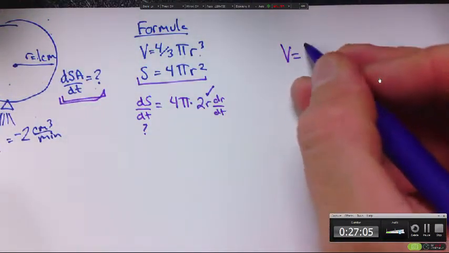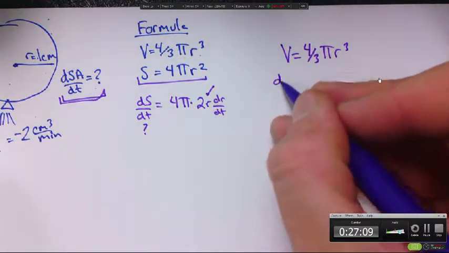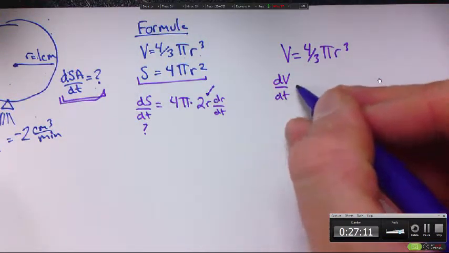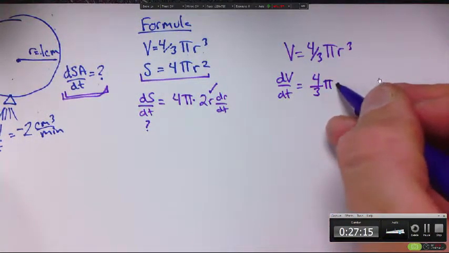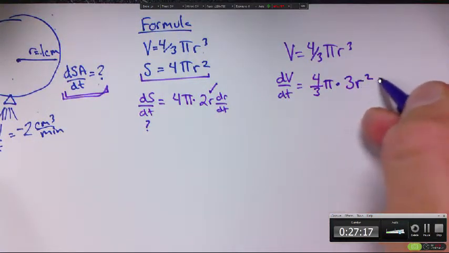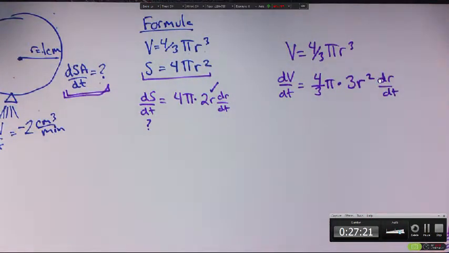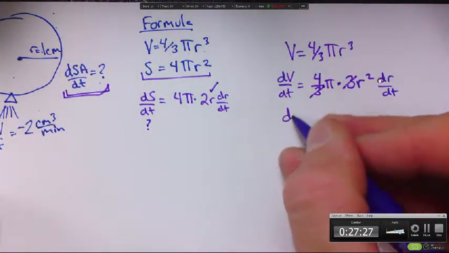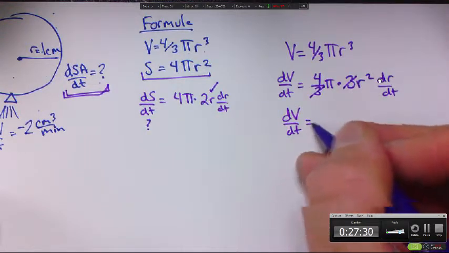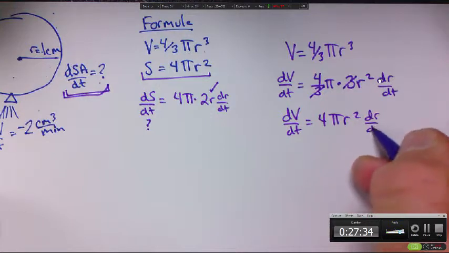So coming over here, 4/3 pi r cubed, we differentiate it on both sides. dV/dt is equal to 4/3 pi times 3r squared dr/dt. I'm going to cancel off the 3's. dV/dt is equal to 4 pi r squared dr/dt.